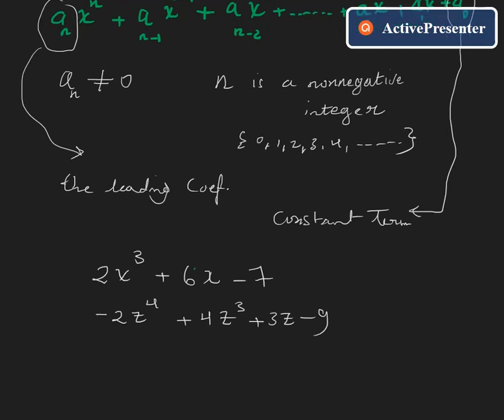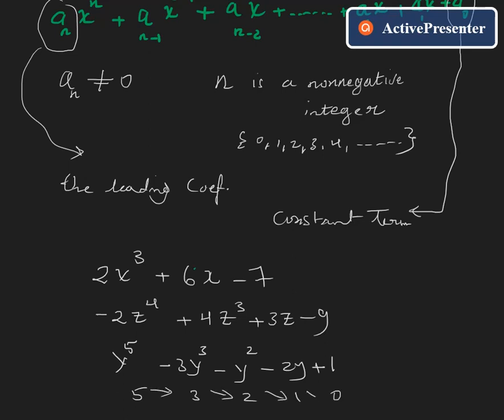Another example, if I say y to the power 5 minus 3y cubed minus y squared minus 2y plus 1. This polynomial is in its standard form. Why is that? Because we started with the highest degree, from 5 to 3 to 2 to 1 to 0, decreasing.